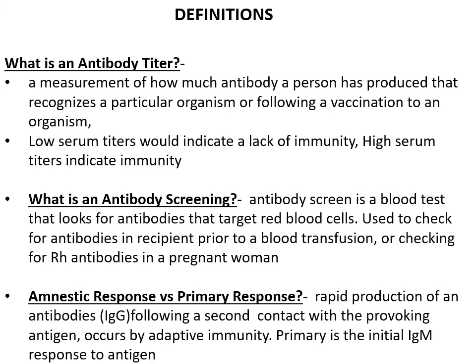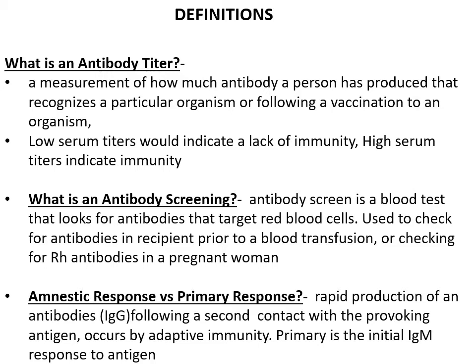Okay, so for example, we could give someone a series of hepatitis B vaccinations, and following the vaccination series, we could do a hepatitis B antibody titer. And that would tell us the degree of immunity the patient has to hepatitis B. So low serum titers typically indicate a lack of immunity. High serum titers would indicate good immunity to that specific infection. Okay, and we do check that in patients that have received certain vaccinations.